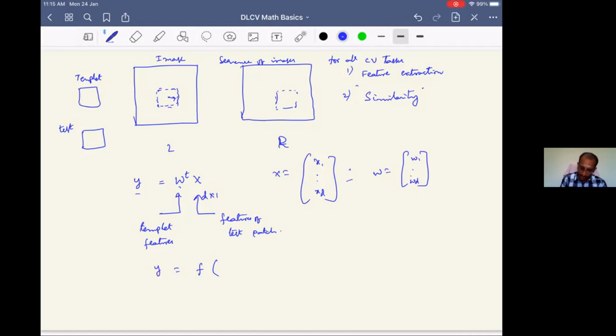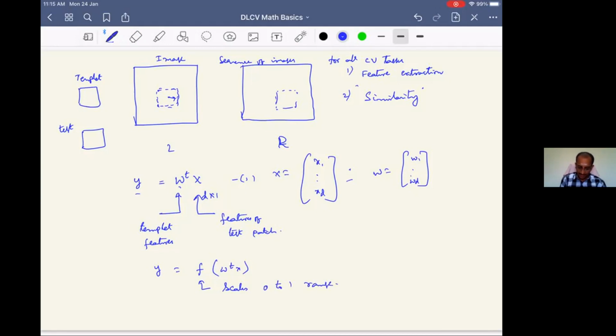This is one possibility of arriving at scores comparing the template features and the test sample features, where the test sample is an image patch or sometimes the image itself. The function scales W transpose X to the 0 to 1 range.